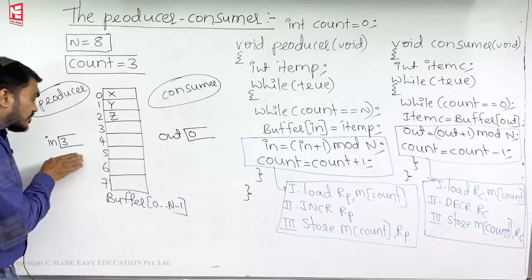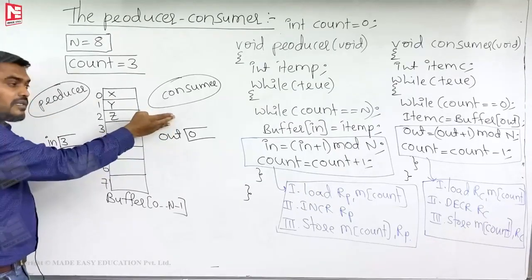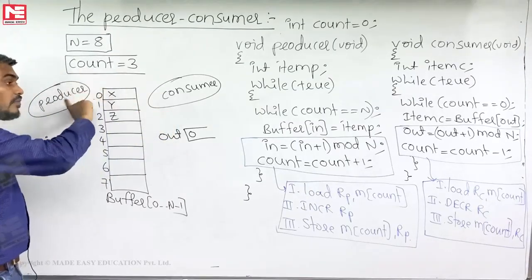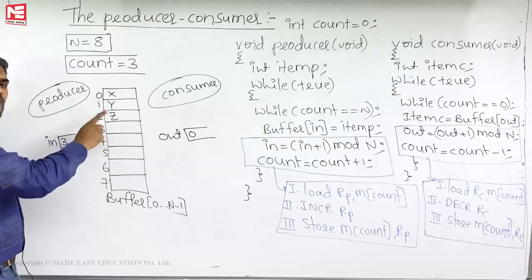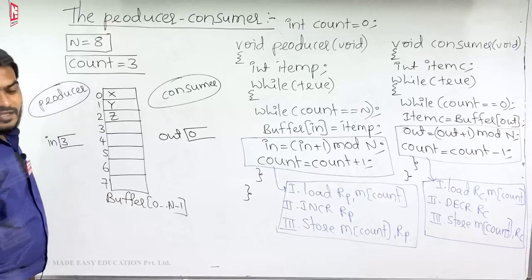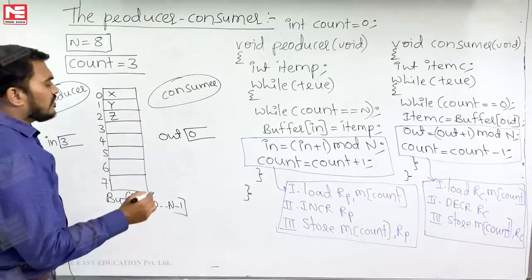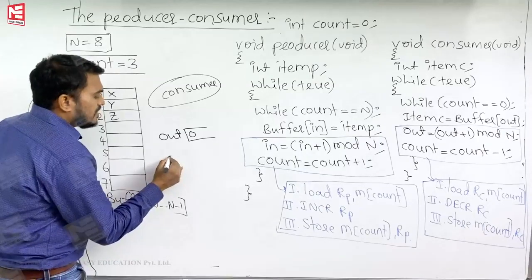Remember, in is used by only the producer, out is used by only the consumer, but count is used by both producer and consumer. What does that mean? Count is a shared variable. So if you observe this entire story, now tell me, what are the shared resources?